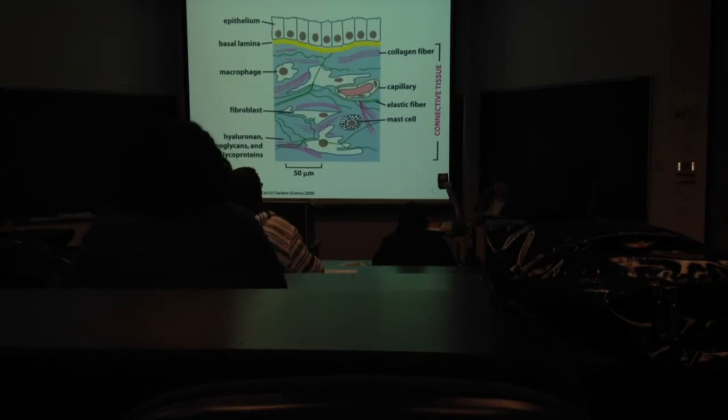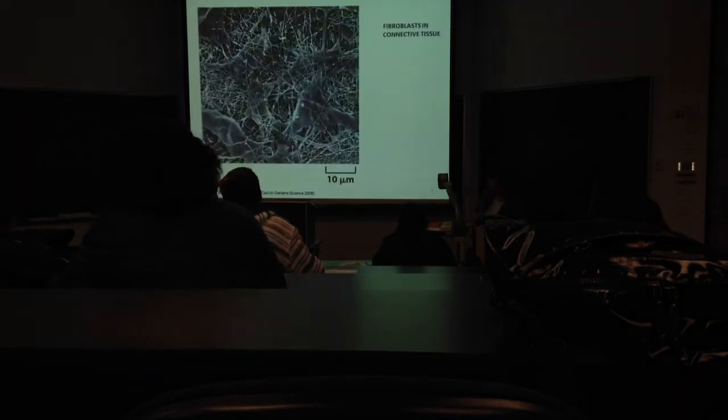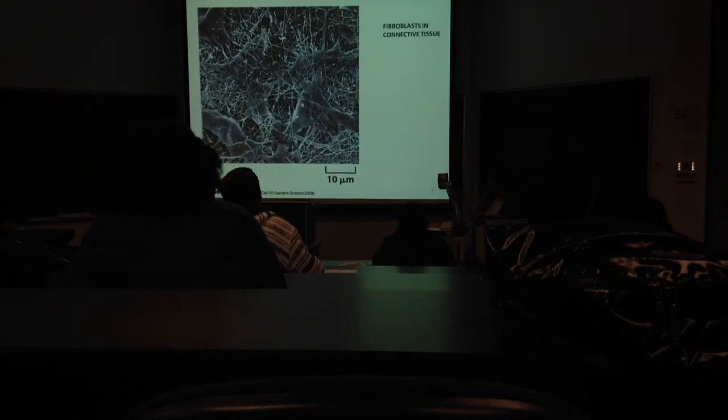Okay? This is what it looks like outside that cell. These things that are clumped here are probably fibroblasts. I'm almost certain that they are. And this stuff that looks like Halloween netting out here is that stuff that I told you was glycosaminoglycans.